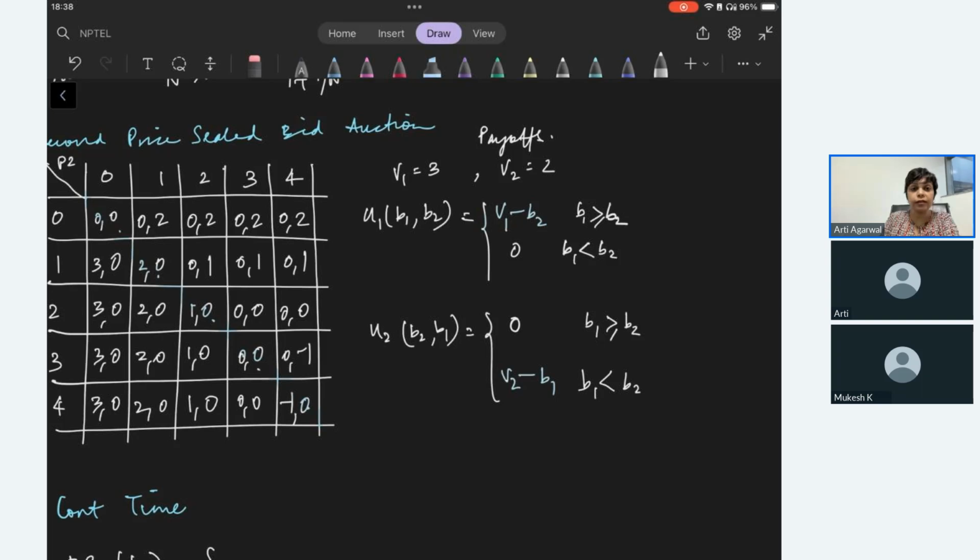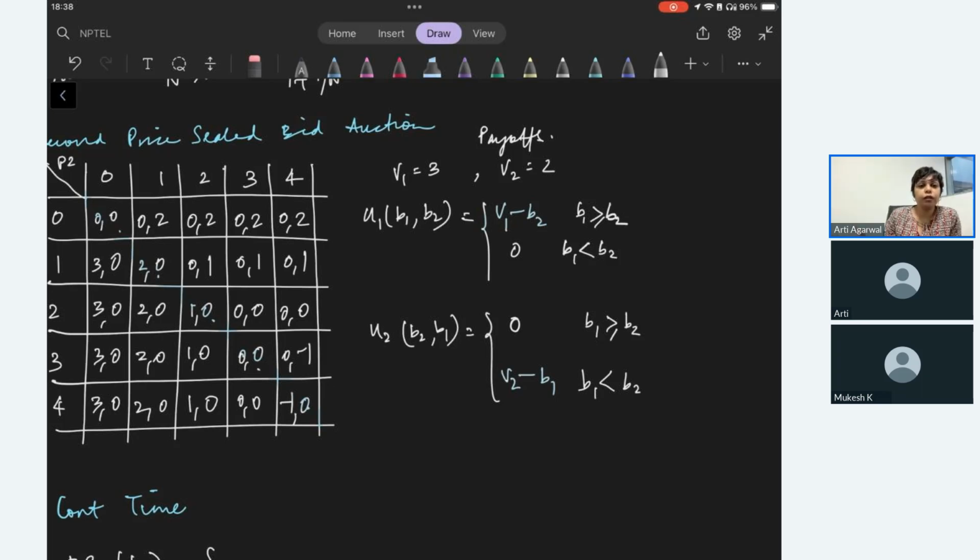Even though we know that the payoff is V1 minus V2, in the continuous case there is another consideration we need to take, which is the case in which V1, my valuation, is less than the bid made by the other guy. Then what is going to happen? If I end up winning and paying the bid amount of the other guy, I'm actually on the losing side.